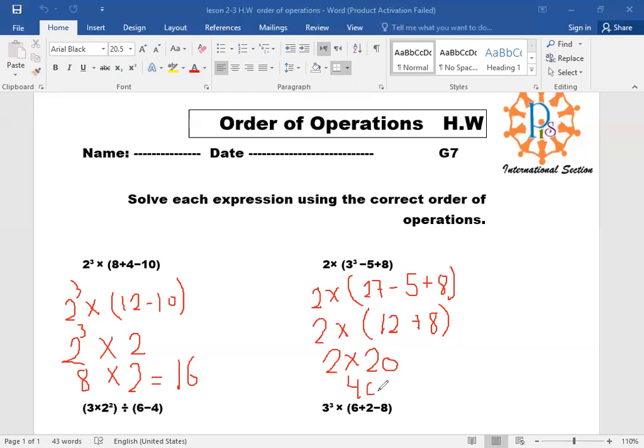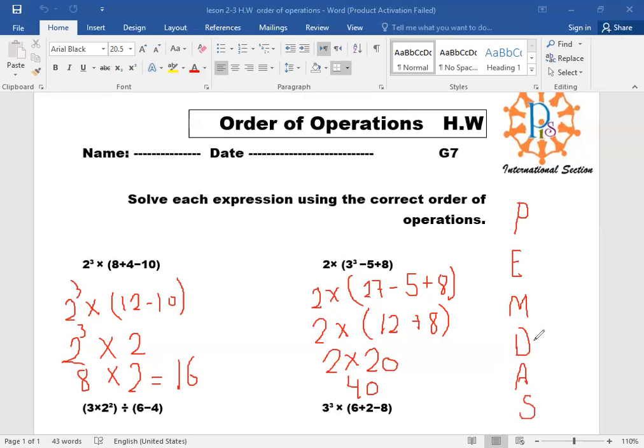So we have to work step by step. Don't tell me that you are going to do all the operations at one time. According to the word BEDMAS, we have P, right? And after that we have E, exponents, and then multiply, and then divide, and then add, and then subtract.